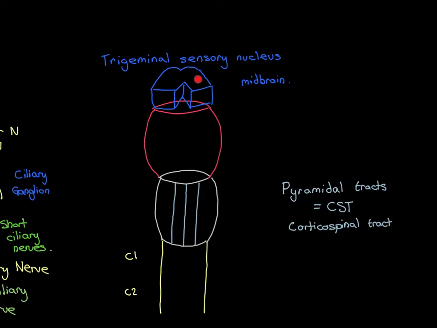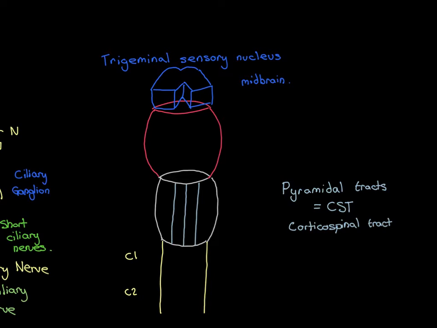It sends its axon right down through the brainstem, through the cerebral peduncle here, through the pons, into this pyramidal tract, and then it will decussate at the bottom, cross over to the other side, because remember, the contralateral cerebral hemisphere controls a side of the body. So the left side of the body is controlled by the right cerebral hemisphere, and the right side of the body is controlled by the left cerebral hemisphere.